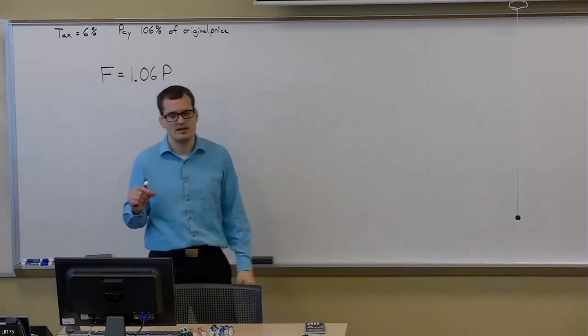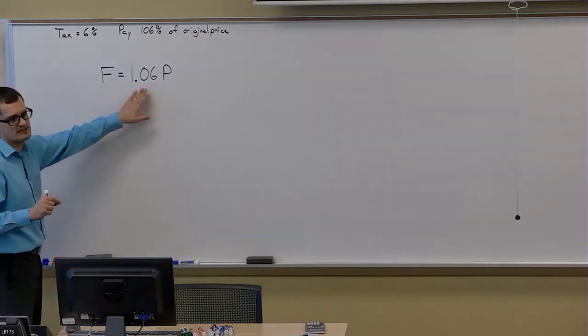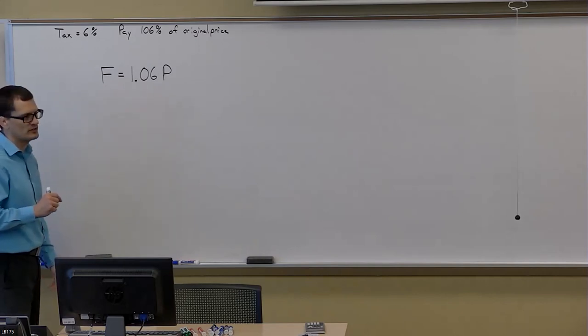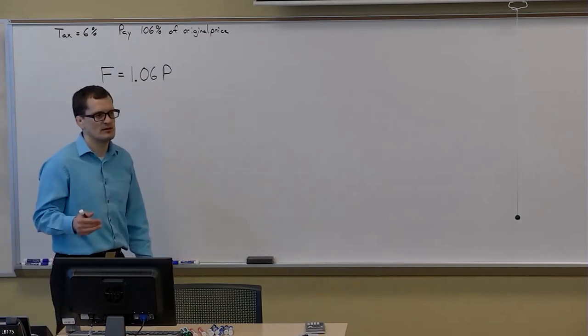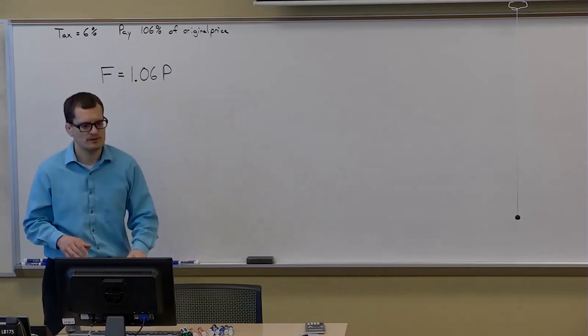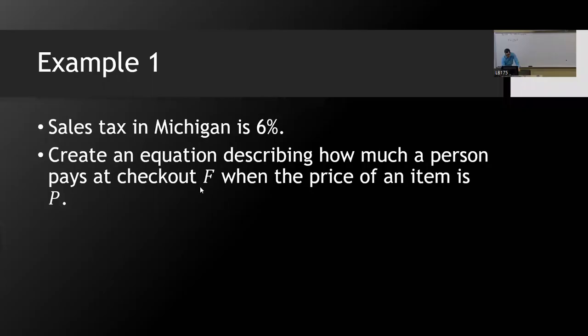Sometimes it doesn't, but just to be safe, if you have uppercase letters in the problem, use uppercase letters when you write your equation. If you have lowercase letters in the problem, write lowercase letters as your variables in the equation. Does that work? That'll be pretty straightforward based on the scenario. Like this problem, it was pretty clear that the F here was uppercase, and the P was uppercase.